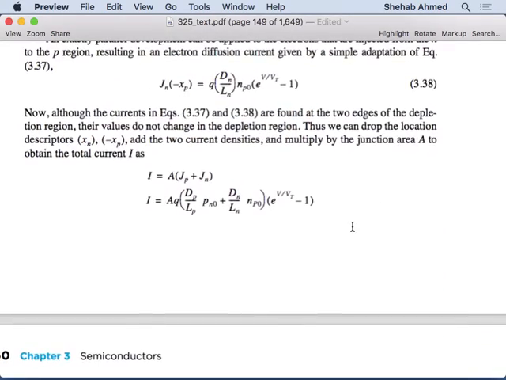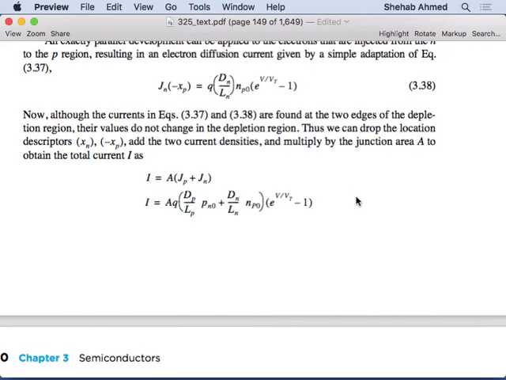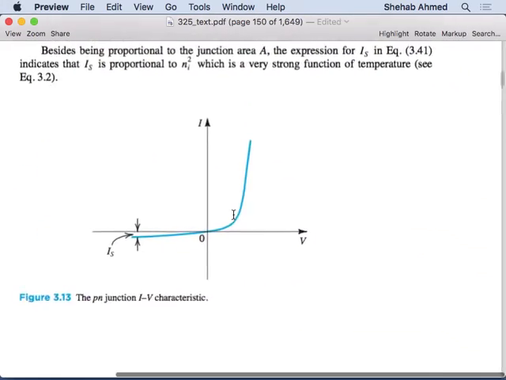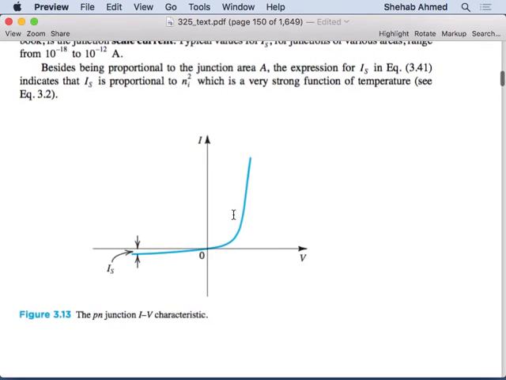The outcome of this section is that current will depend on some fixed values due to the materials and the concentrations, and this will have an exponential shape. This exponential shape comes from the fact that it moves with the concentration, because the concentration is exponential due to diffusion.